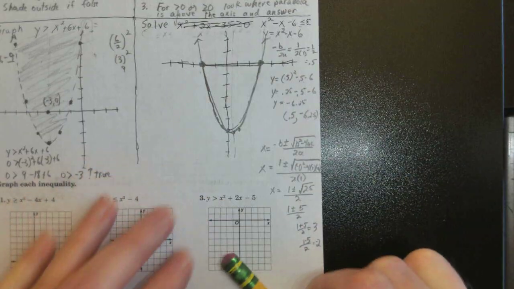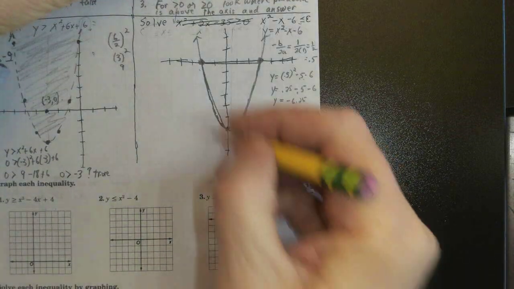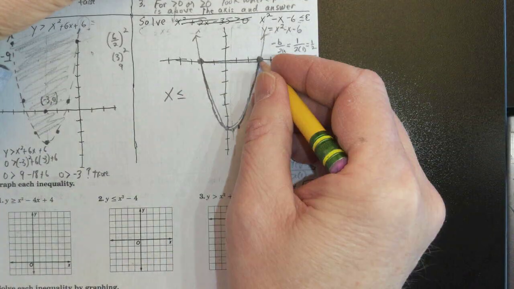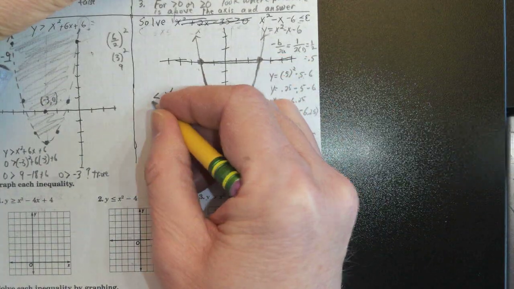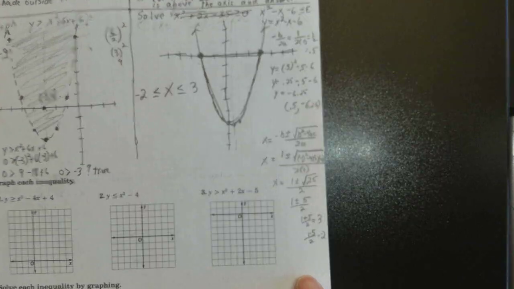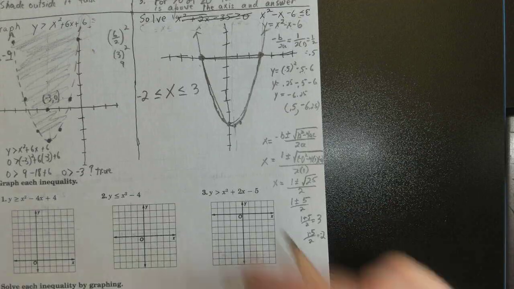Right? This is an and or an or? It is an and. X is greater than or equal to negative 2 and less than or equal to 3. Okay?